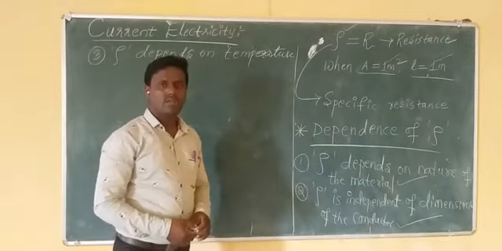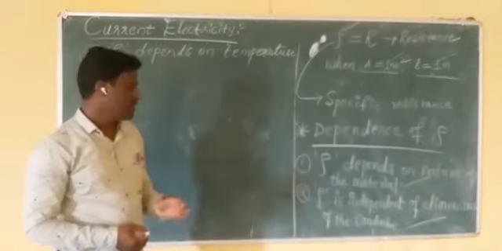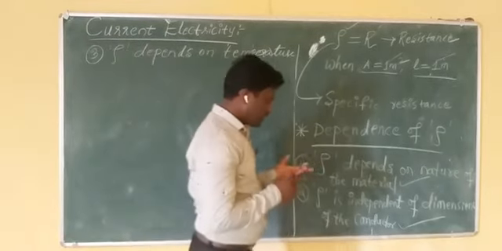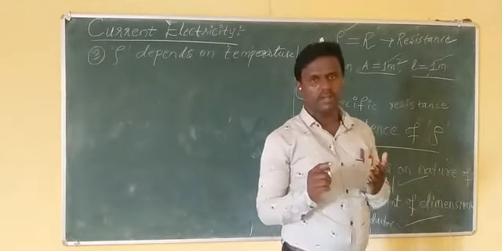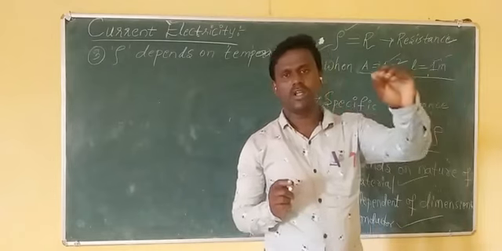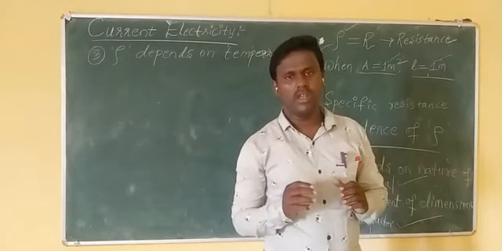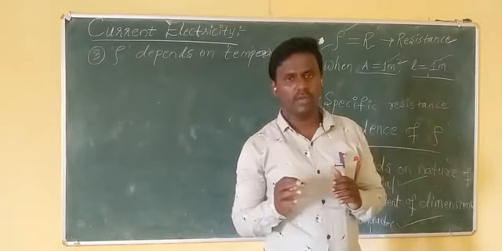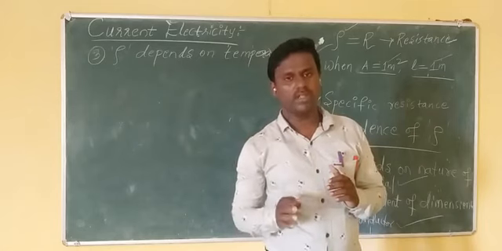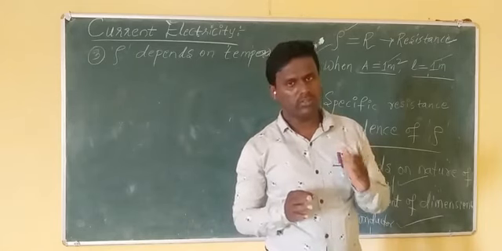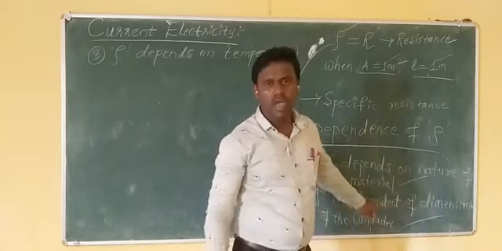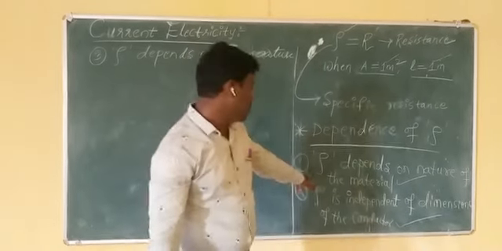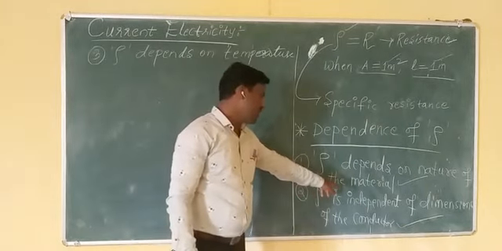If there are 10 gold wires, each having different length and different area, they will also have the same value of rho, because rho is independent of dimensions. Independent means not dependent.